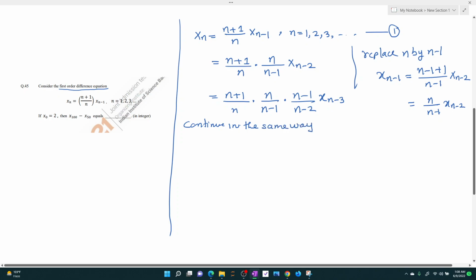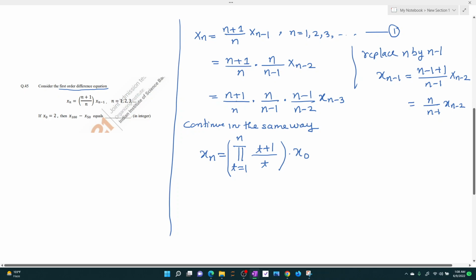I can say that I have x_n is nothing but, let me write it in the form of a product, the product for t equal to 1 to n of (t plus 1) upon t, right? And this product is multiplied with x_0. Make sense? It's nothing but the continuation, right?